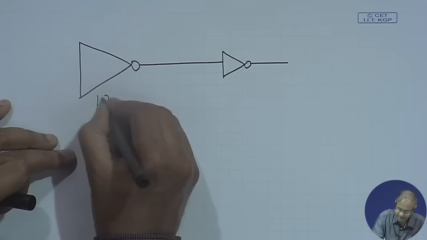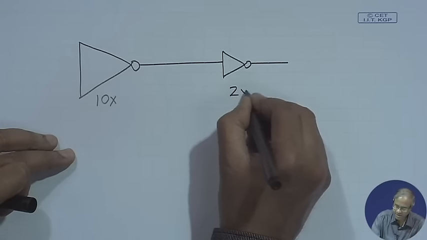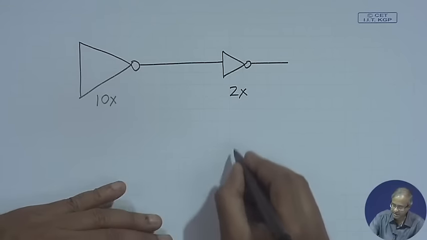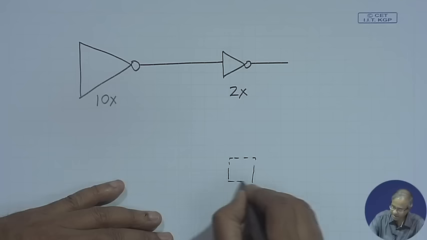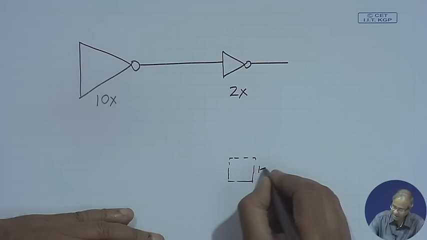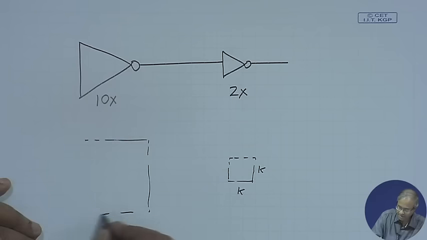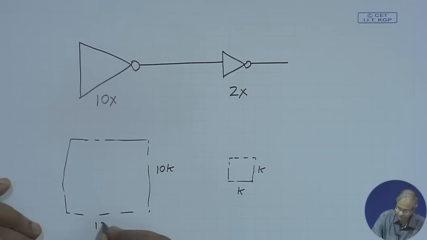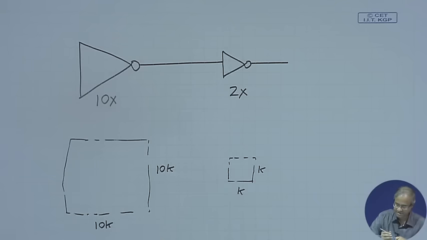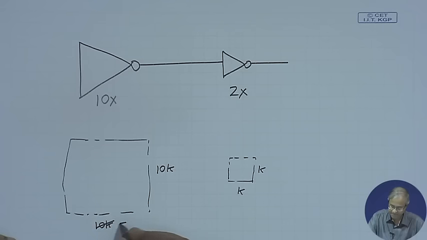This I am saying 10x, this I am saying 2x. 10x means, now you can understand, the area of the channel can be like this, let us say k by k, but in this case for 10x, the area of the channel will be 10k by 10k. This is what we mean by saying it is 10x. It is 2x of course, sorry, so it will be 5k in that case, 5 times.